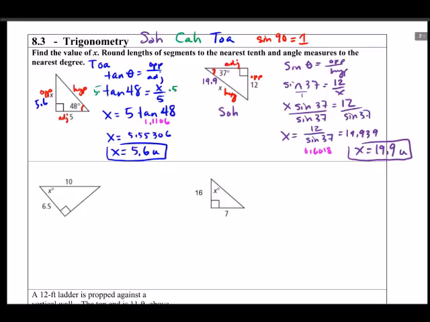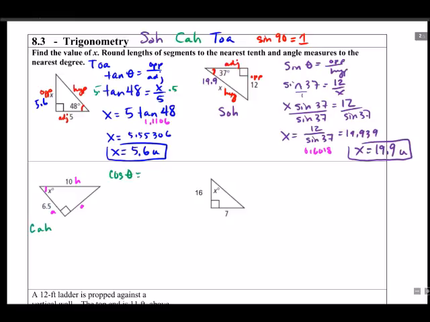All right, the next ones. What do we do here? Same as we always do. Mark our angle. Here's opposite, hypotenuse, adjacent. Who do we have? We have adjacent and hypotenuse, which means we are doing cosine.